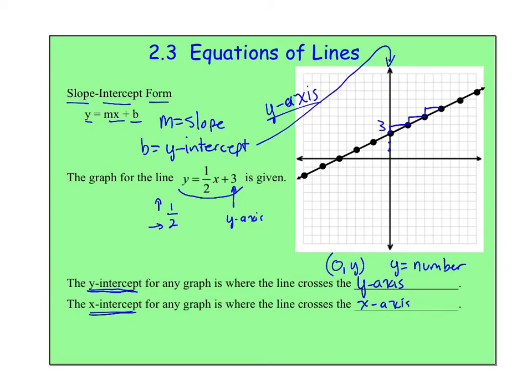So up here, my y-intercept was 3, and this actual location is (0, 3). Likewise for the x-intercept, you have some x number, and then my y value is going to be 0.